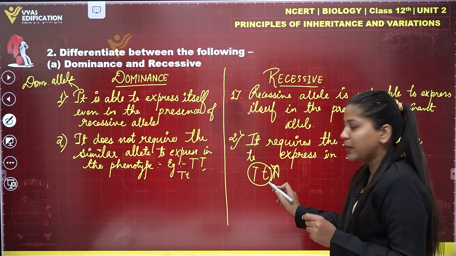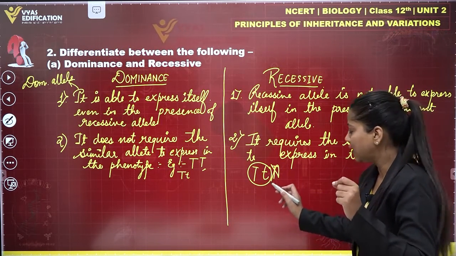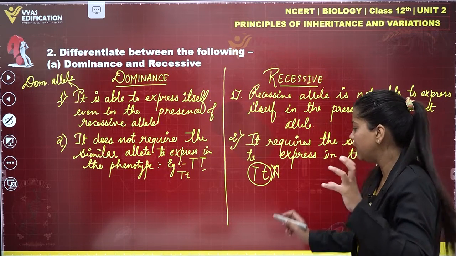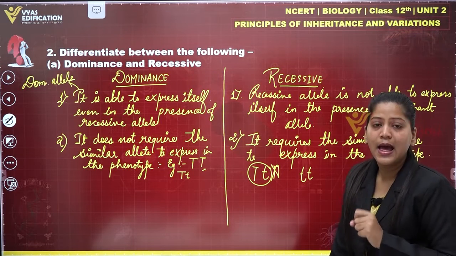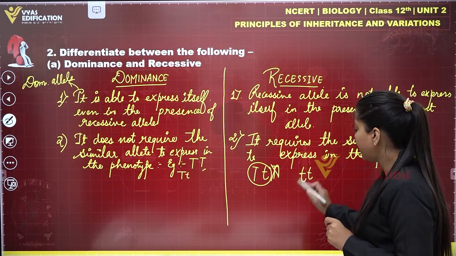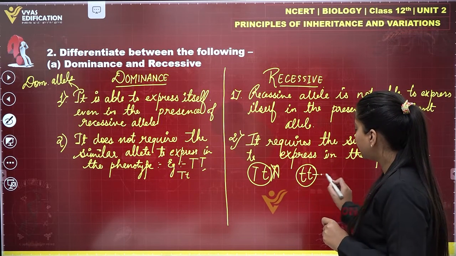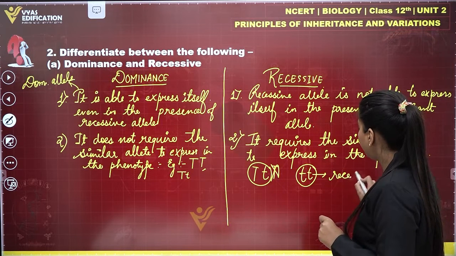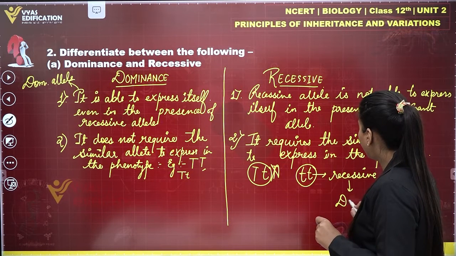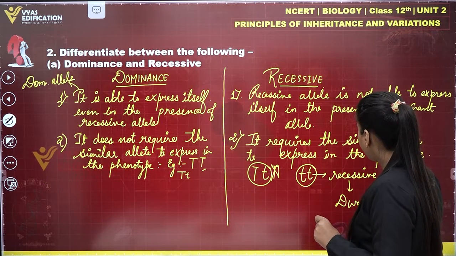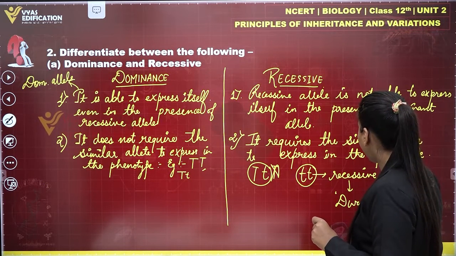To express itself in the phenotype, it has to be present with another similar allele, and that case would be recessive, and the recessive case makes the plant dwarf, if you are talking about height as the character.